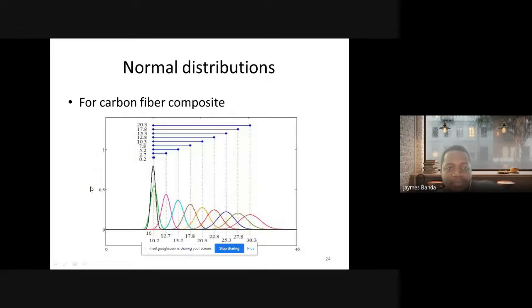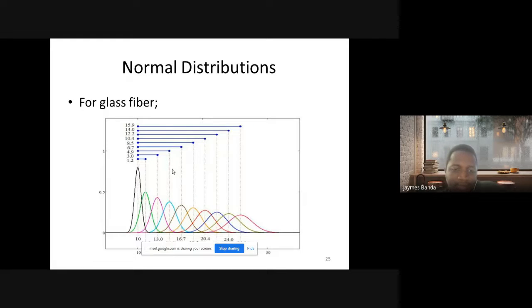The normal distributions for carbon fiber composite were also plotted, and the initial thickness used for the black curve was the smallest. As it was increased, you could see the curves move away from the black curve, and therefore the overlap area reduced. The glass fiber was also the same.